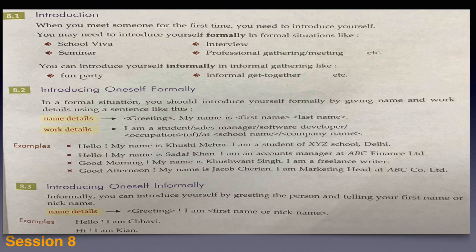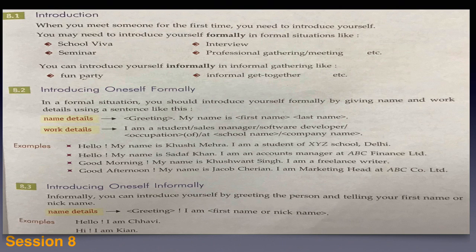In my situation, I will say my name is Prasenjit Baral, right? Then followed by the work details. I am a student or sales manager or software developer, or whatever my occupation is. I'm a school teacher, so I will say the same, right? So that should be the starting point of the formal introduction, right?